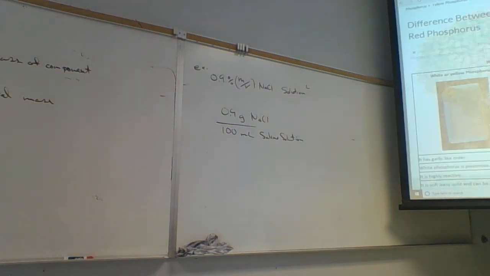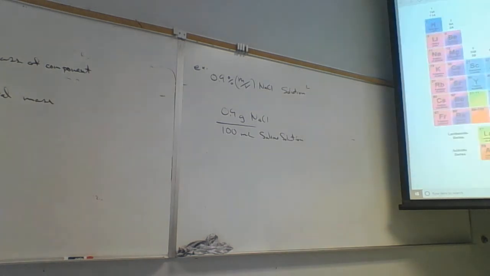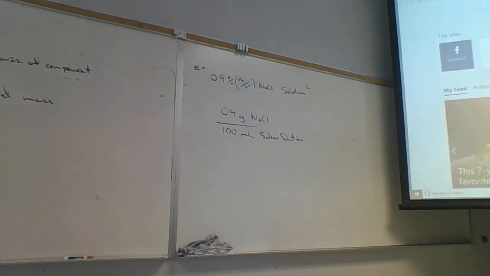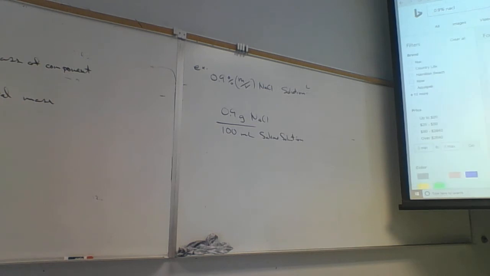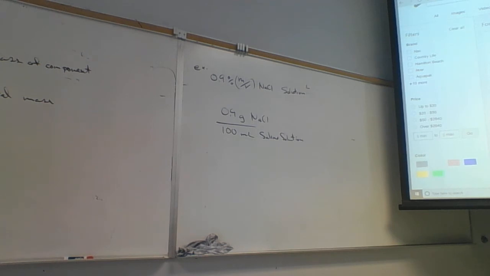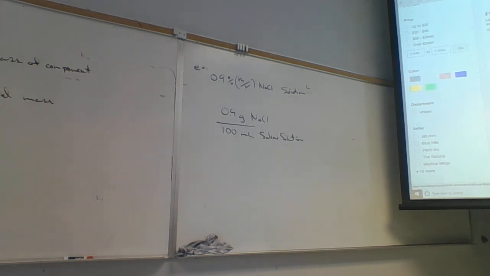Let's see. Did I close that? I did. I've got to bring it up again. So close up window. 0.9%. This is an important mixture. You can find this mixture. Let's shop for it. You can find it from a lot of different sources. Here. You see it? 0.9% sodium chloride.